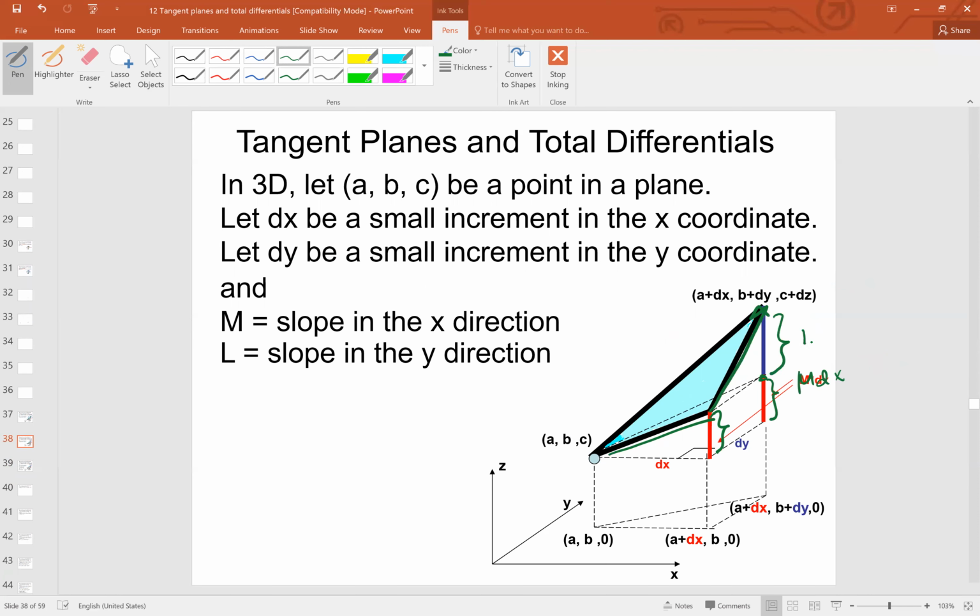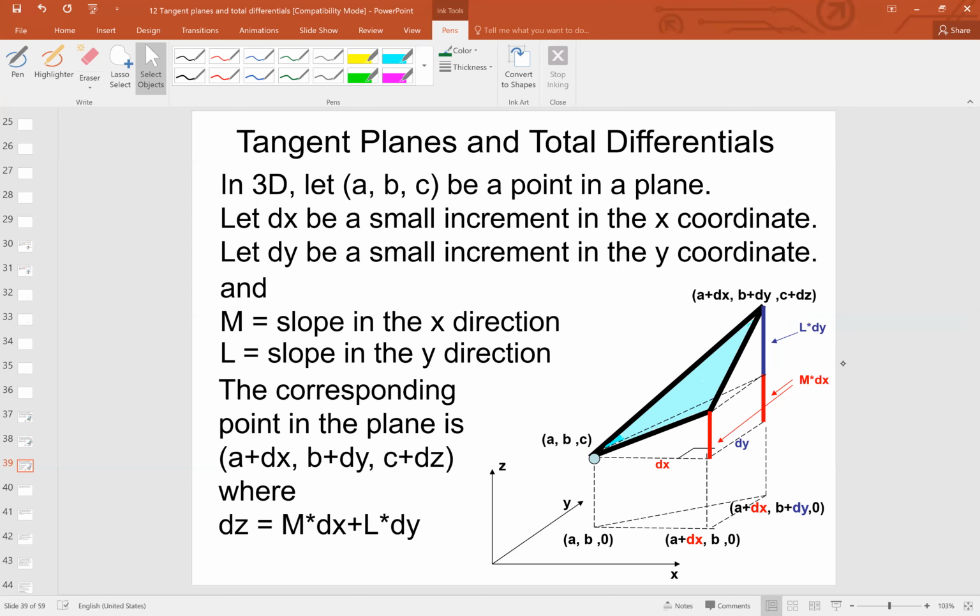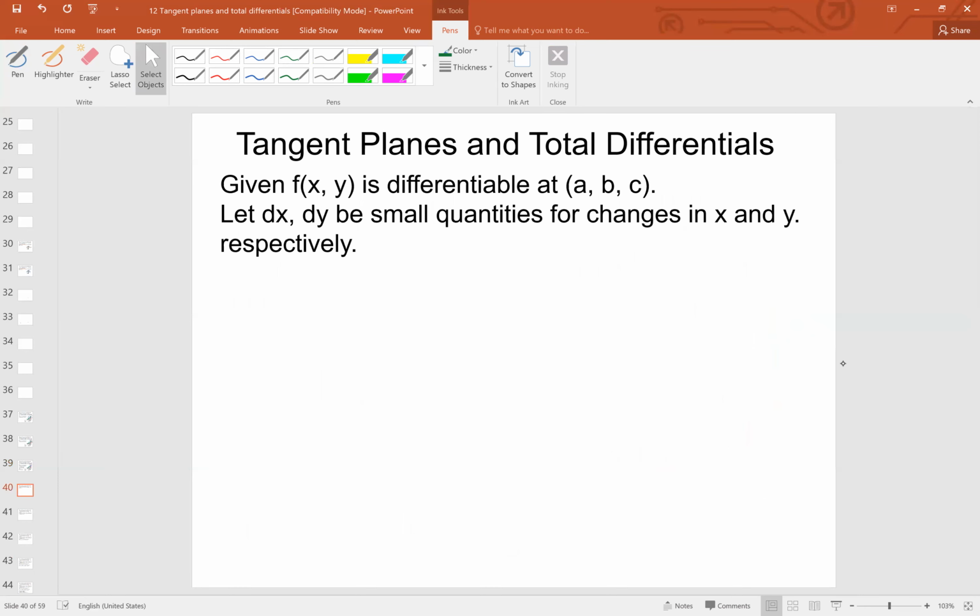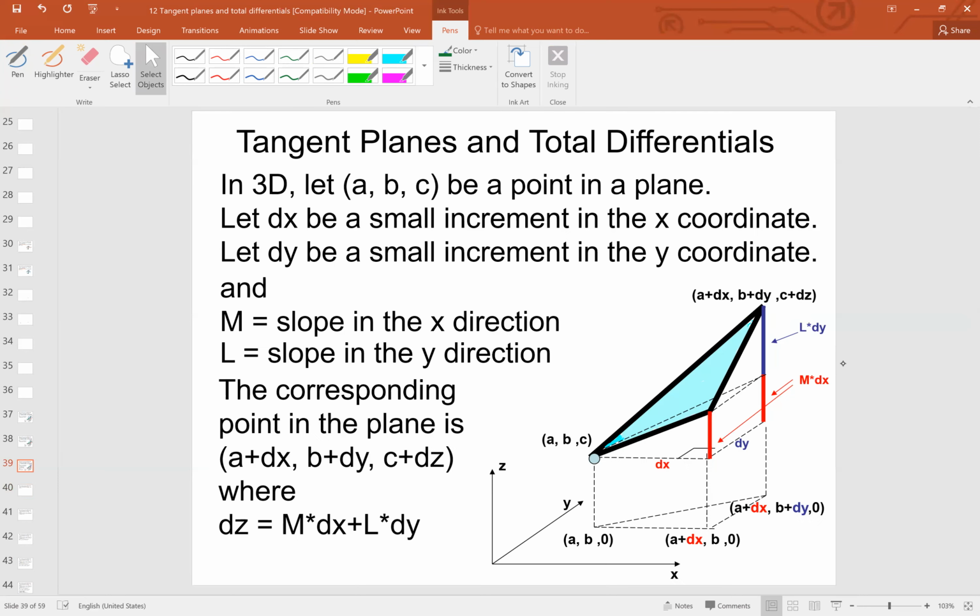And this we call the dz, the sum of this height gain in two different perpendicular directions is the total gain. We call this the total differential.